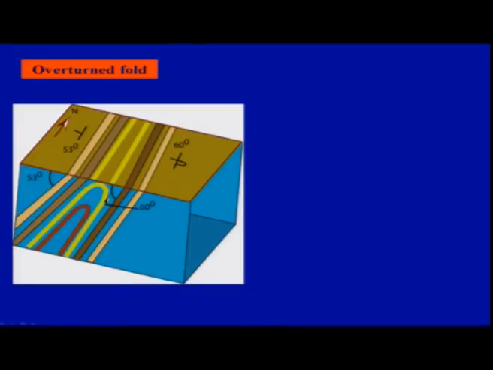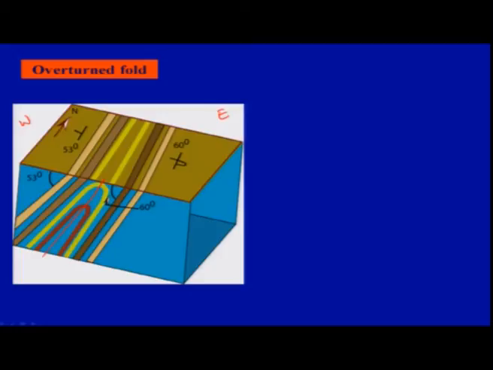Now suppose you have the dip of these beds on the left hand side of this axial plane. So this is your axial plane. If you have marked the north here, then this will be your east and this is your west.